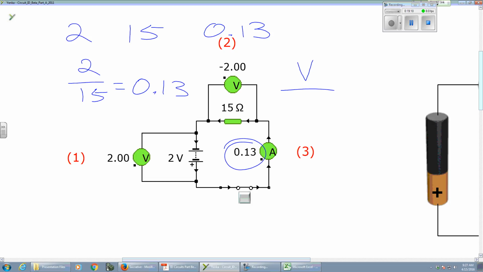What was that measuring? The resistance, R. And what's the 0.13 measuring? It was measured in amps. Current. Oh, I hate fractions. V equals IR.